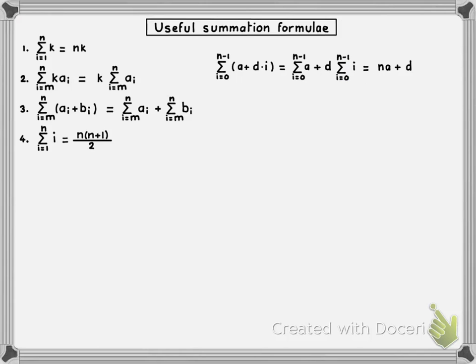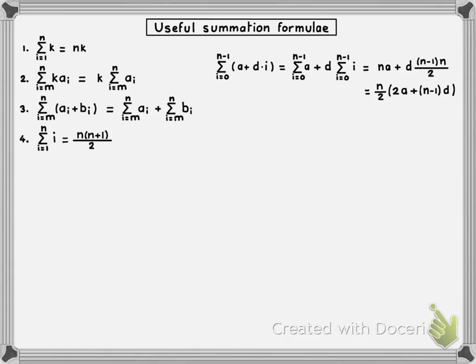So we're going to have d times n minus 1 times n over 2. And then the way this formula is usually presented, if you look it up, is to factor out the n over 2. And this is what's left over. So this is a closed form formula to compute the sum of the first n terms in an arithmetic progression.